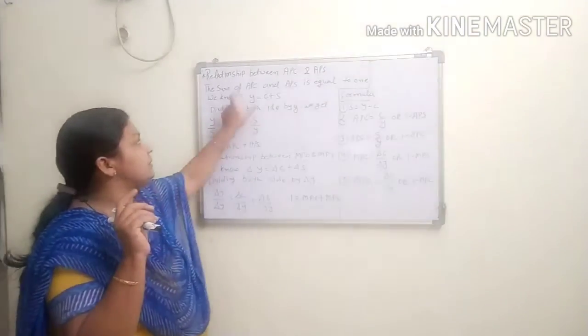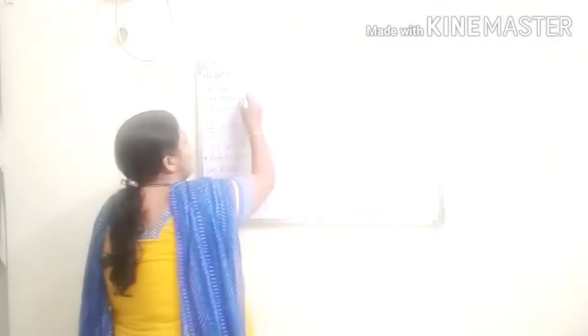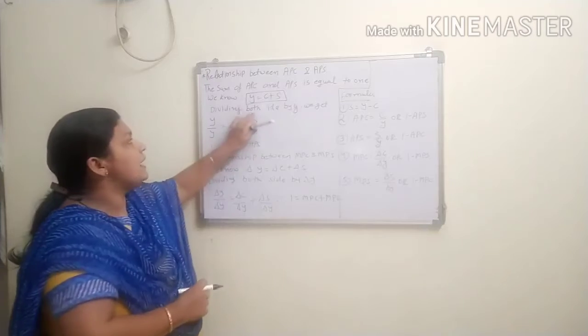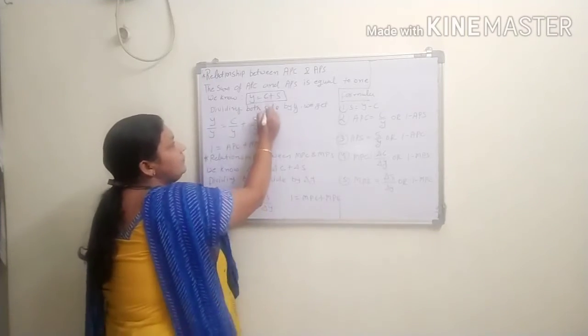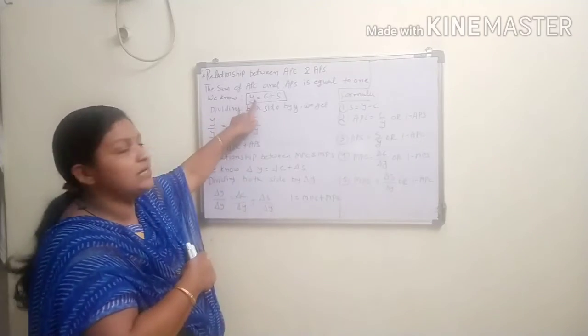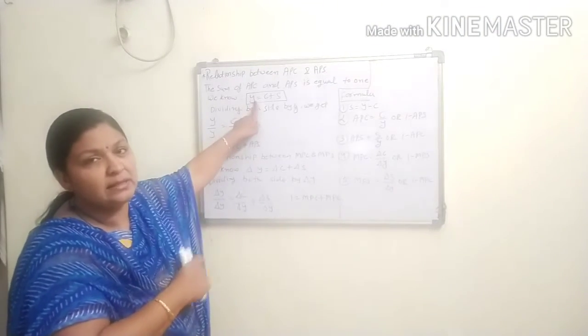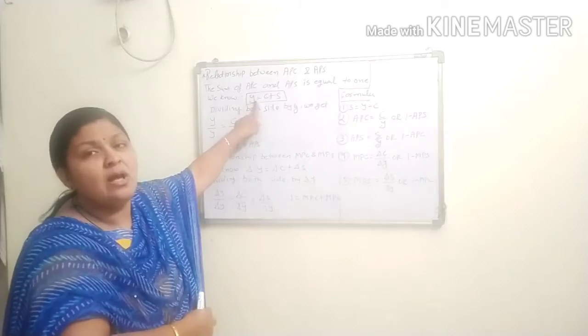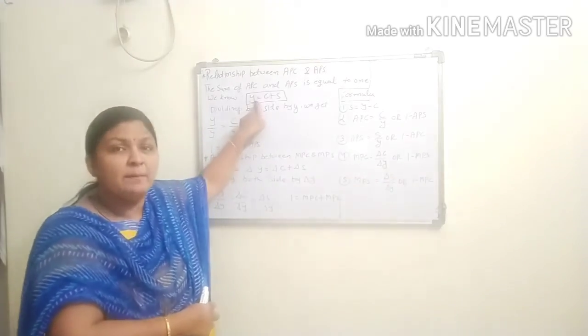Now dividing both sides by Y, we get Y upon Y equals C upon Y plus S upon Y. You already know that this is a proven rule in mathematics. When we do this in mathematics, we can multiply or divide both sides by equal values.